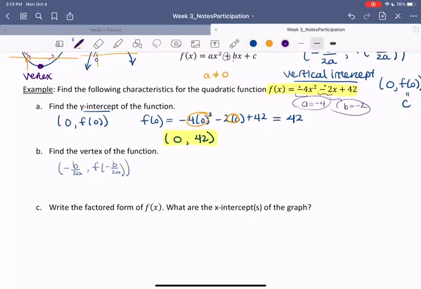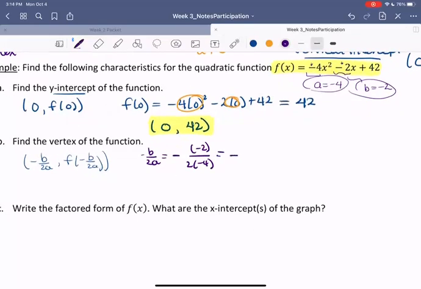So first, let's compute what -b over 2a is for us. We have -(-2) over 2 times -4. So if we carry this out a little bit further, we're getting -2 over -8. And now -2 over -8, well, those negatives cancel each other out.